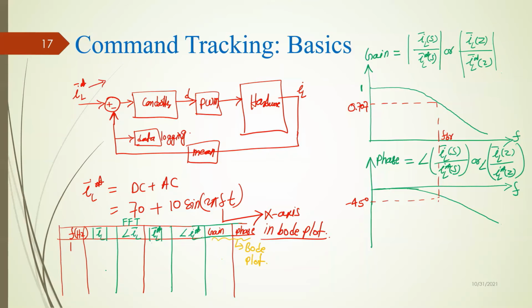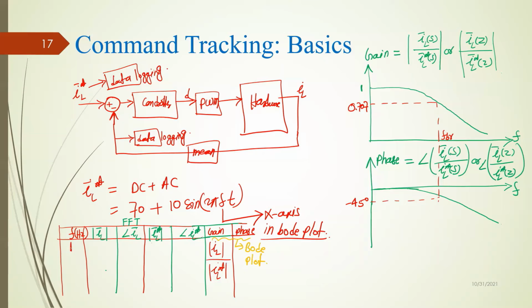We data log this reference value and the actual value into the MATLAB script. So we add one frequency in the system, then we do data logging, and then we find these values using FFT, and then the gain we calculate like this. We know our IL average value and IL star, which we got from FFT for this frequency.